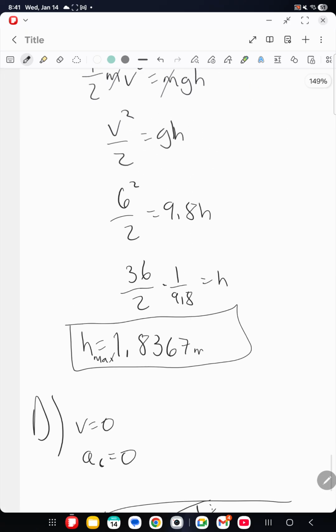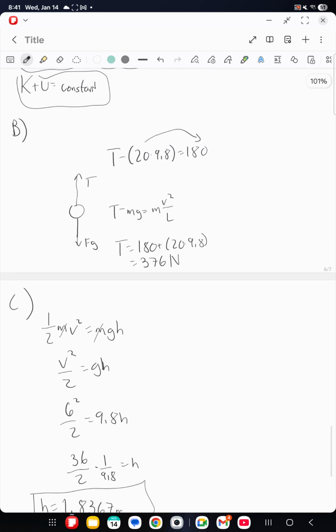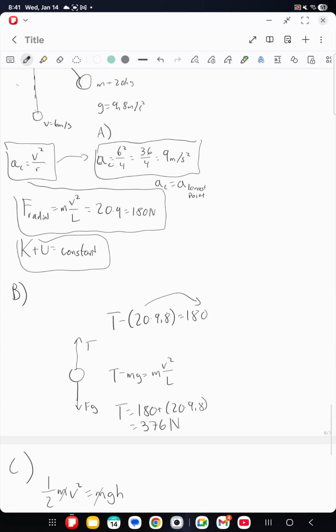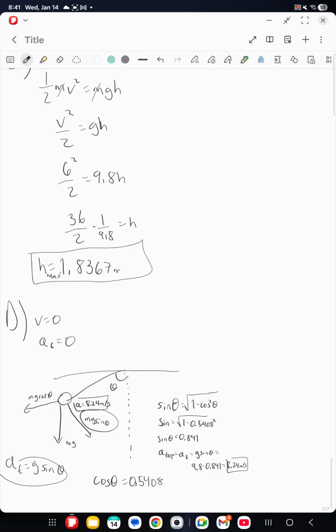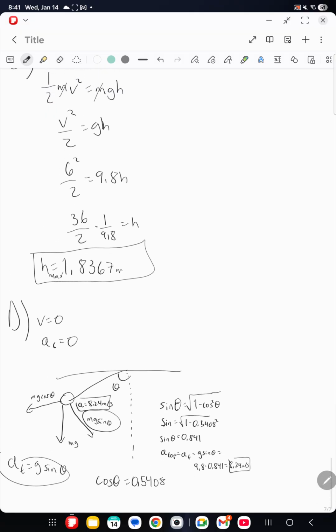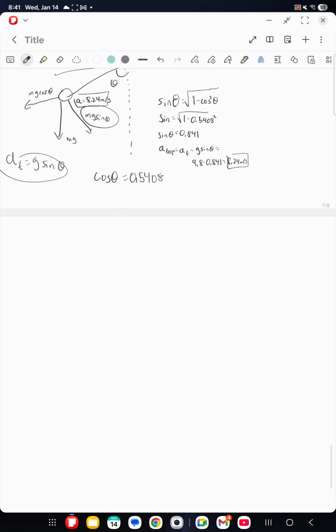We could compare this to here, when its acceleration was 9 meters per second, so it's significantly slower than it was at the bottom. Here we could see that its tangential acceleration at the top is 8.24 meters per second.